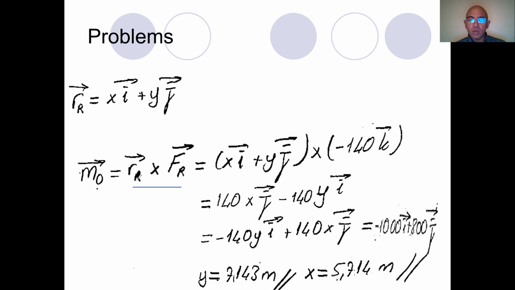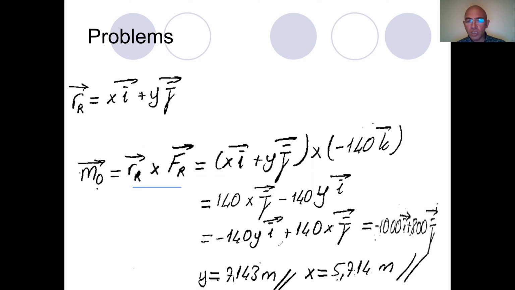So R_R vector product F_R will give me the moment with respect to point O. In fact, it is xi plus yj vector product minus 140k vector. In fact, i multiplied by k is negative, so I have another negative sign. It is 140x j vector and minus 140y i vector.